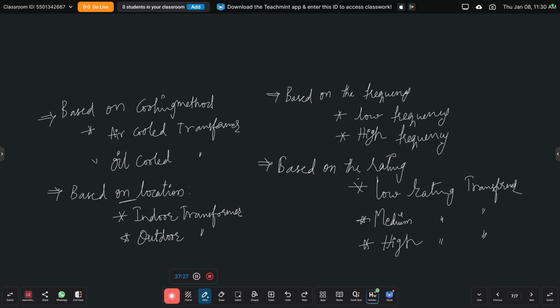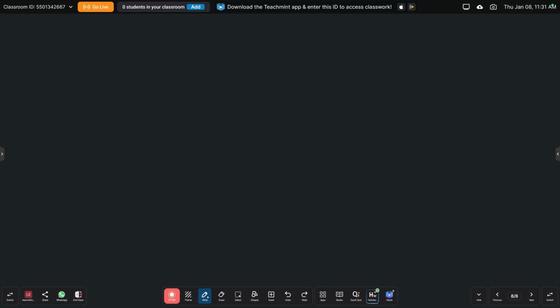So these are all about working principle and types of a transformer. Now we discuss about the construction details of a transformer.